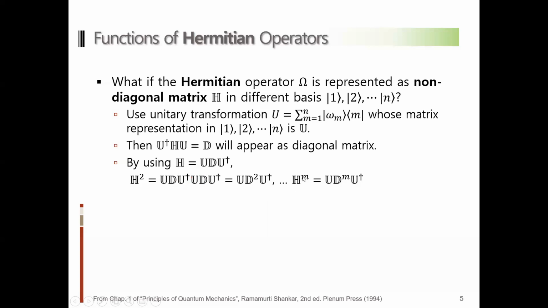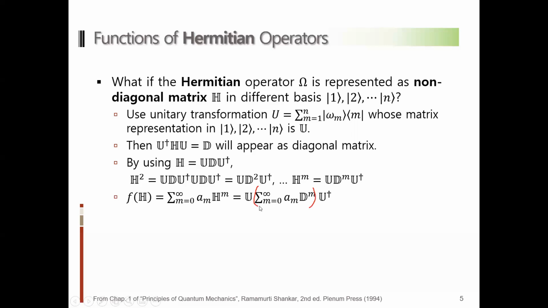Then if we want to find out the function of some Hermitian operator, this arbitrary function will always be expanded in the form of a polynomial, and each term will be replaced by this one. In this case, because all the terms in the summation will have the U factor at the beginning and the U dagger factor at the end, we can factor them out in this way.